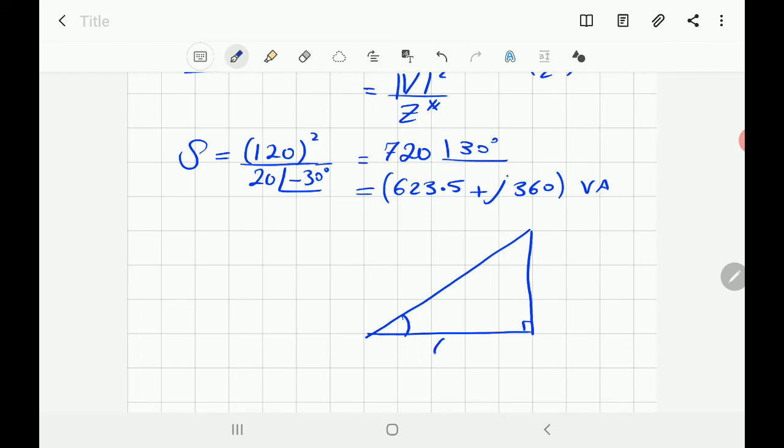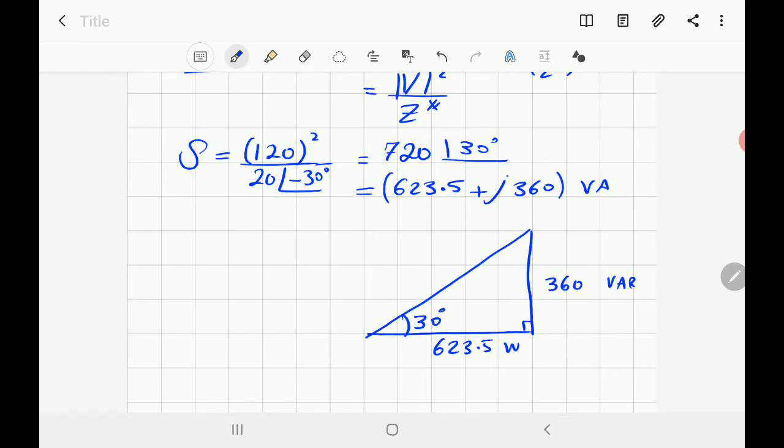Here is the power, 623.5, that's consumed by the load, and that's 360 var, used by the stored energy element, the inductor, and the angle is already given, 30.